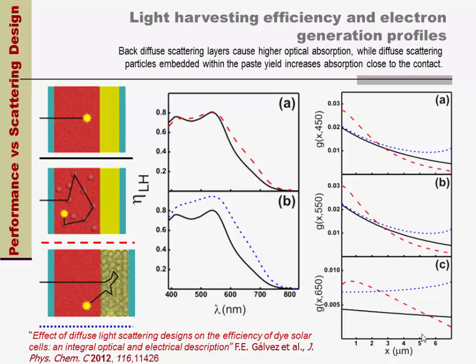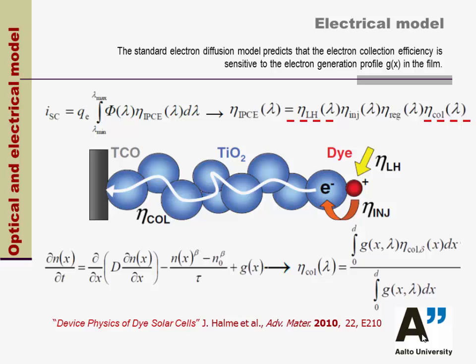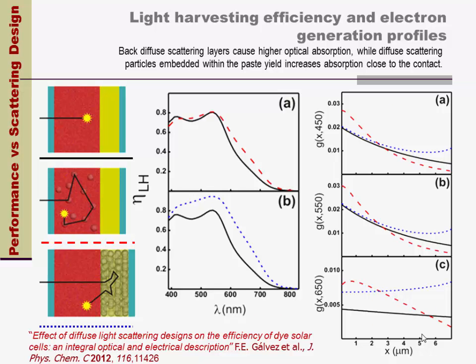If I compare these two designs, both of them based on diffuse scattering, and just please notice that I will use these black lines always to represent the bare cell without the scattering layer, and this dashed red line and blue dotted line to represent the data for these two designs here.